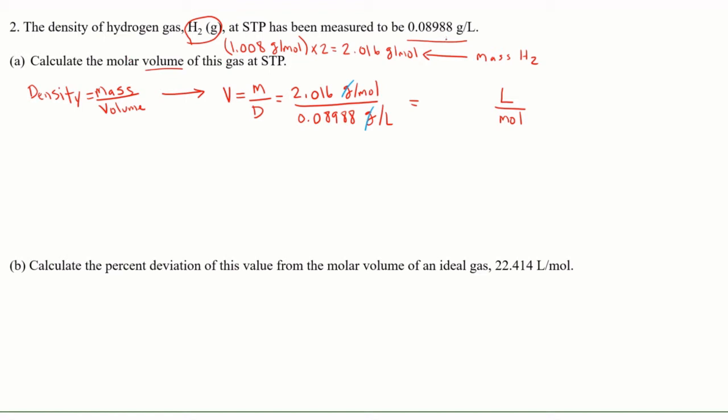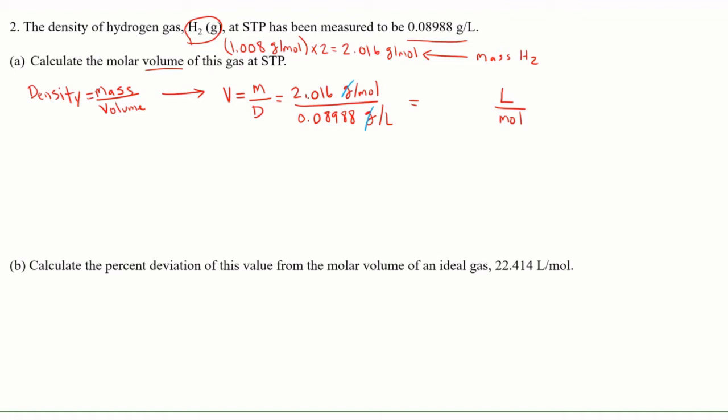Next, I could get my calculator and calculate 2.016 divided by 0.08988 grams per liter, and I will get a very long number on the calculator, 22.42990654.